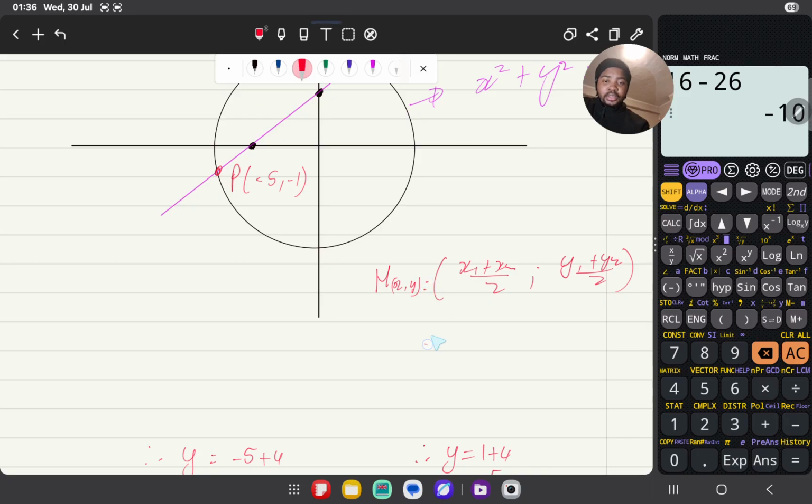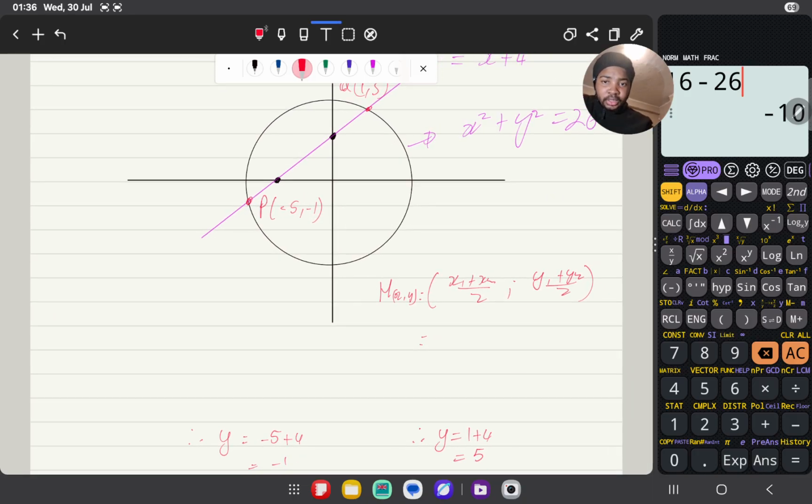We have minus 5 plus 1 divided by 2, and minus 1 plus 5 divided by 2. So you're getting minus 4 and then 4.